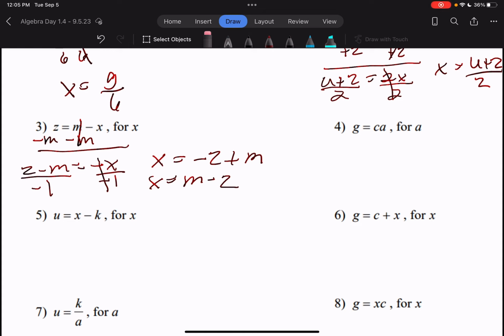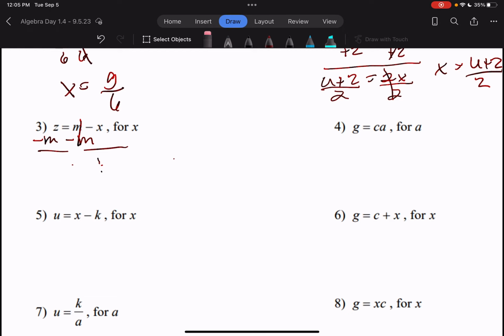Now, I'm showing you this way because it's important that you recognize if you need to make a number positive, you can either multiply or divide by a negative number, and that will take a negative and make it positive. The other way that I could have done this, and I know a lot of you do this in your brain already, is I can move the x to the other side, and we can make x positive.